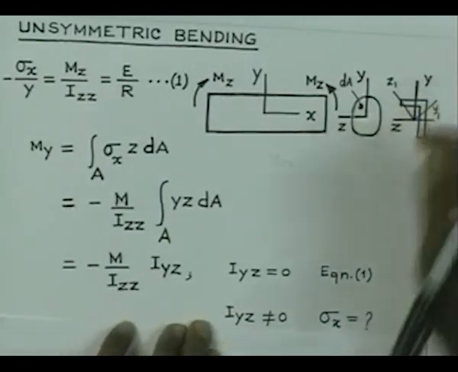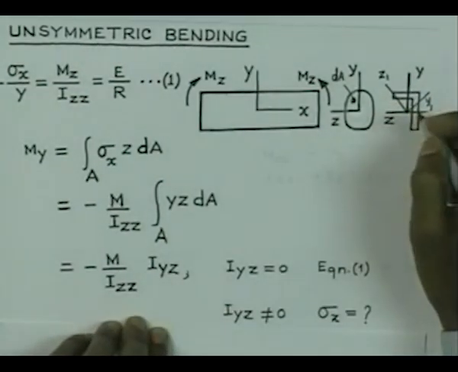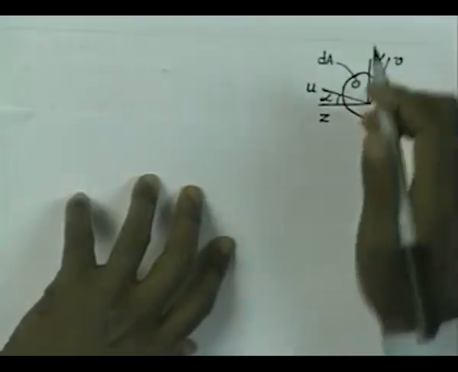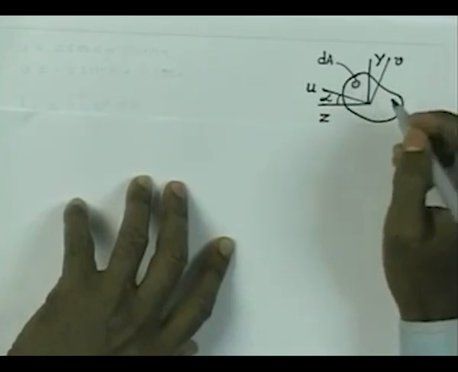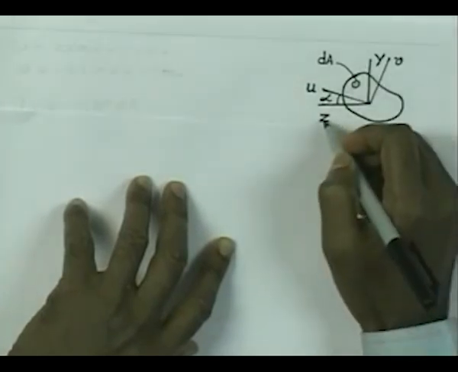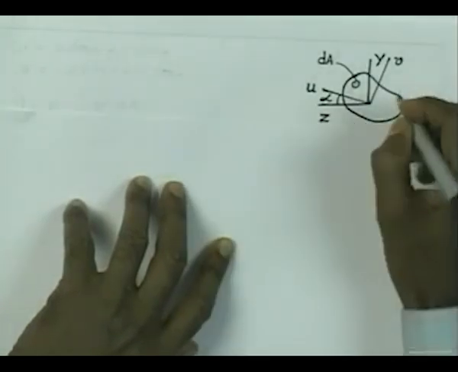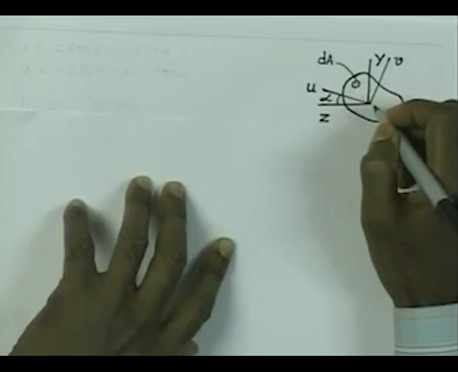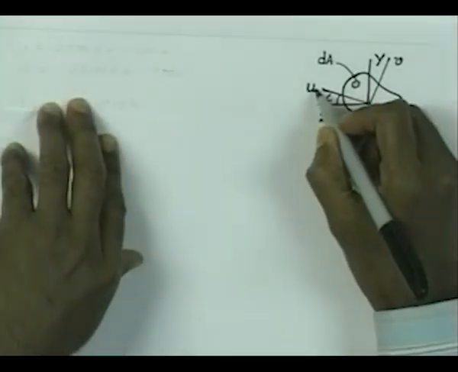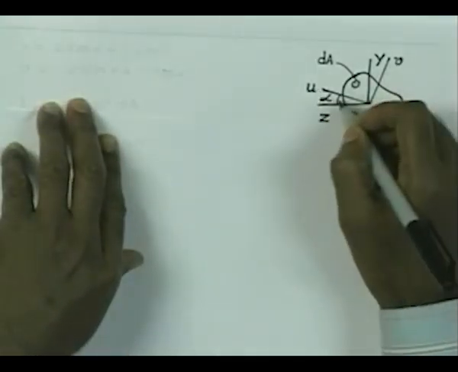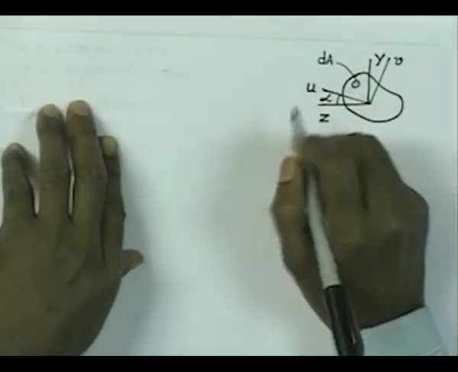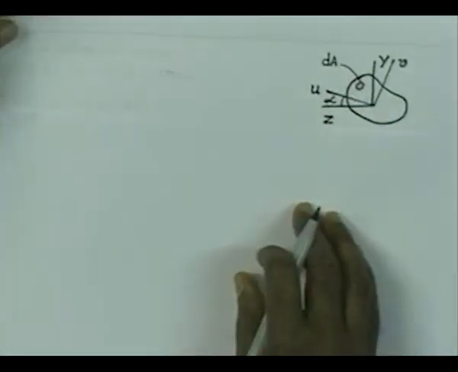So, let us find out the two principal directions of the cross section, like y1 and z1. Let us make a start with a general cross section like this, that the beam section is like this, this is the direction y and this is z. Now, let us consider that we have two directions u and v which are arbitrarily oriented at an angle alpha with the z direction.